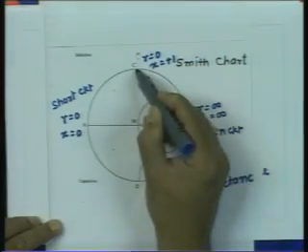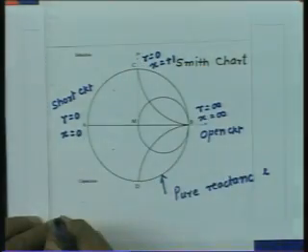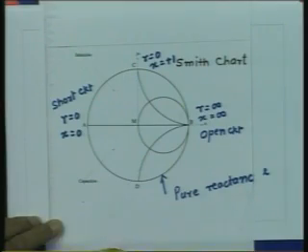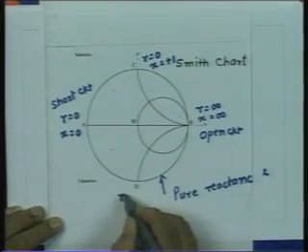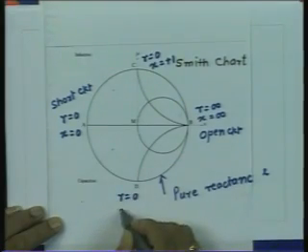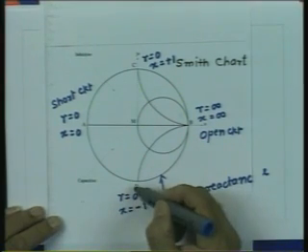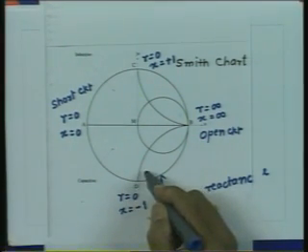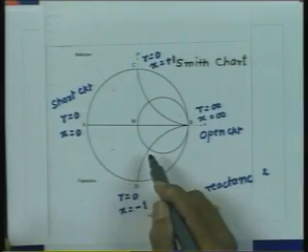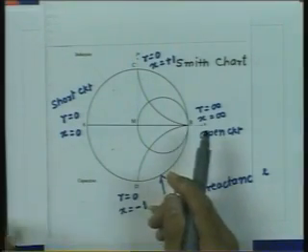So, this point represents a pure reactance whose magnitude is equal to the characteristic impedance of the line. Similarly, the lowermost point D corresponds to r equal to 0 and x equal to minus 1. So, this point represents a purely capacitive reactance whose magnitude is equal to the characteristic impedance of the line.